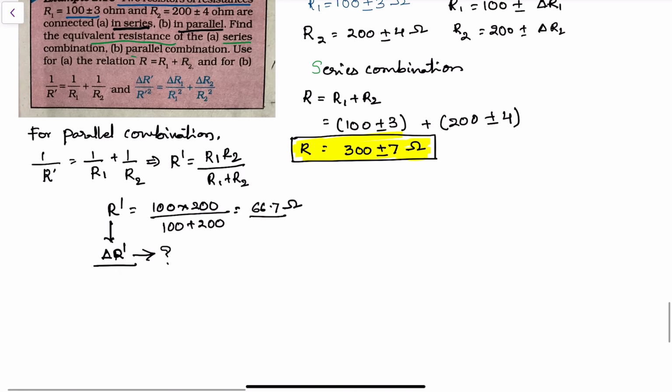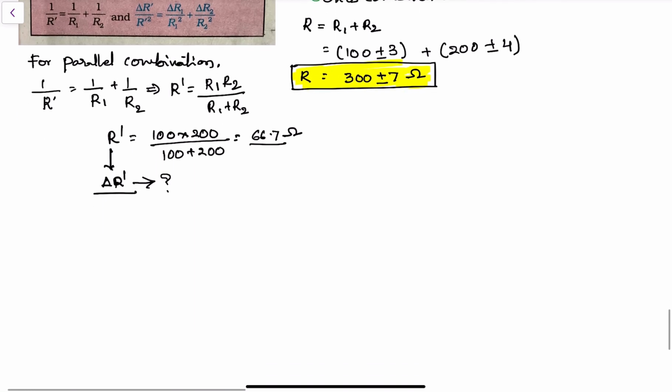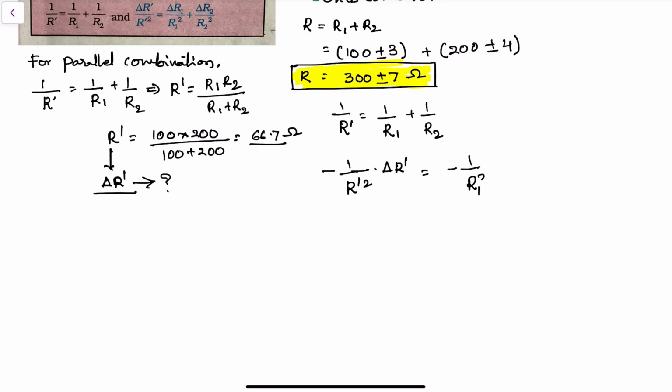See here, 1 by R dash is equal to 1 by R1 plus 1 by R2. I am writing it as minus 1 by R dash square into delta R dash is equal to minus 1 by R1 square into delta R1 minus 1 by R2 square into delta R2, right?